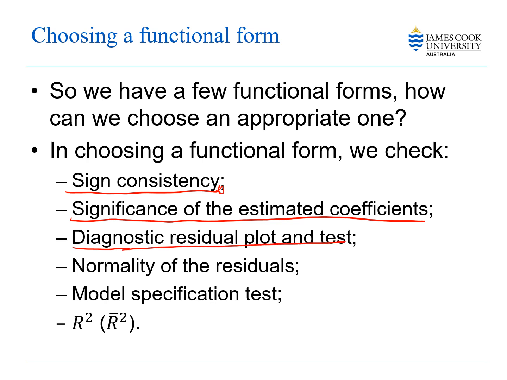We run a regression, predict residuals, then check residuals and test the normality of residuals, whether the residuals are normally distributed or not. And we can also formally conduct model specification tests like the Ramsey test, or heuristically we can check R-squared. Though you want to be aware that you shouldn't choose the functional form solely based on R-squared.